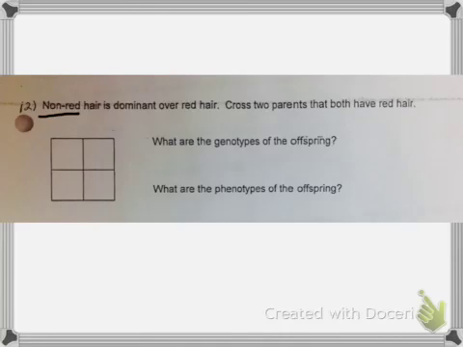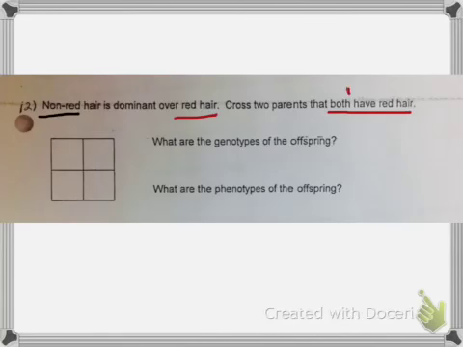All right, so non-red hair is dominant over red hair, and we want to cross 2 parents that both have red hair. So this is very similar to real life. Most people don't have red hair, and so anything non-red, brown or black or even blonde, would be considered dominant, where red hair is recessive. And so we have 2 parents that both have red hair. In order to have red hair, both parents must have both recessive red hair alleles.